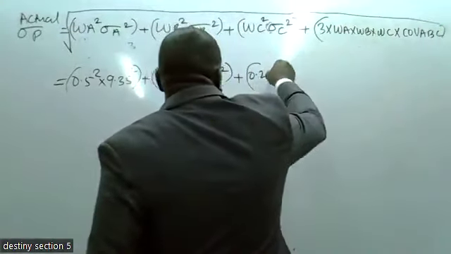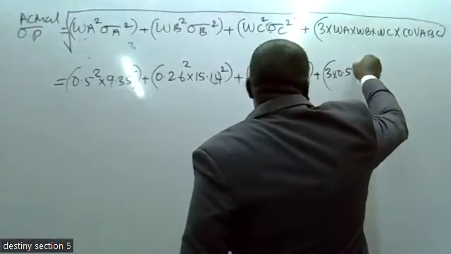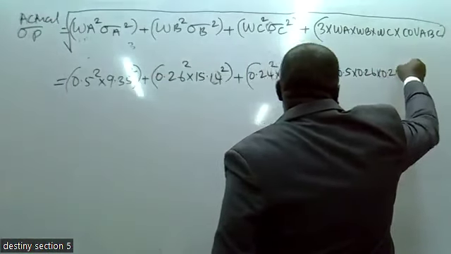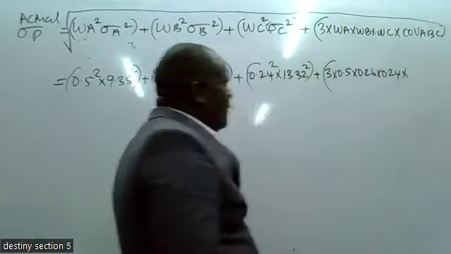Then that is now factored in that portion. So this will be 3 multiplied by 0.5, multiplied by 0.26, multiplied by 0.24. So your covariance, we first add negative what? Was it negative or positive?